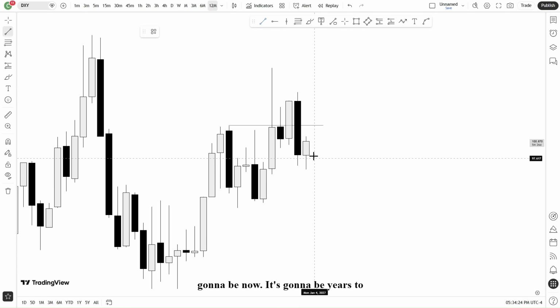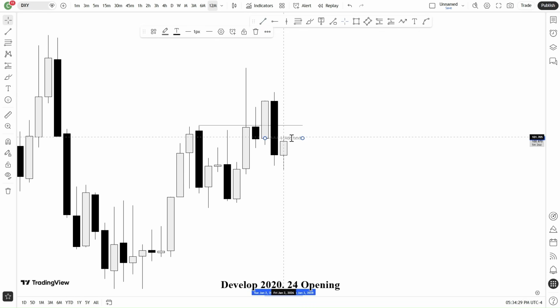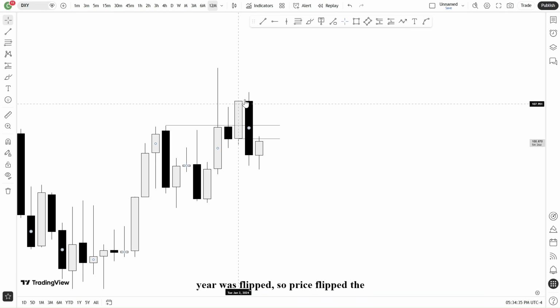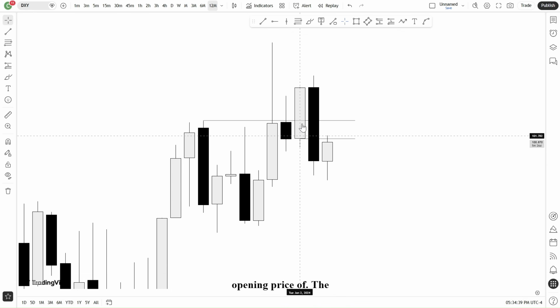So let's mark out this particular order block. This is the yearly order block, the 2024 opening price. The opening price of the leap year was flipped. So price flipped the opening price of the leap year. In a leap year cycle we have 4 years, right?